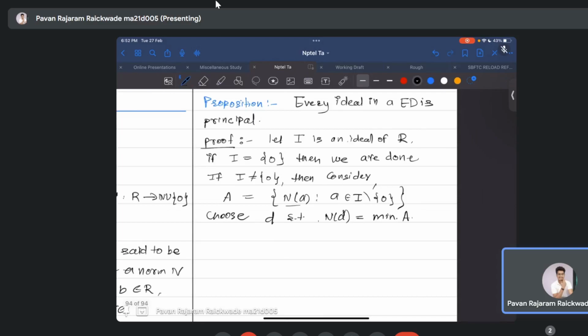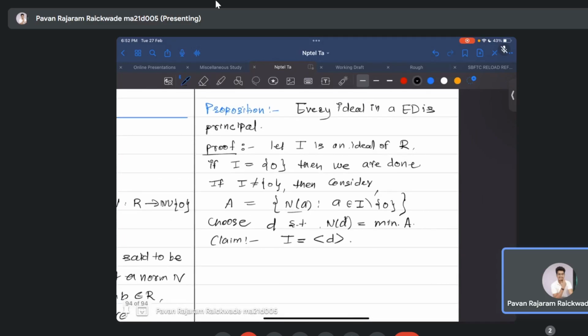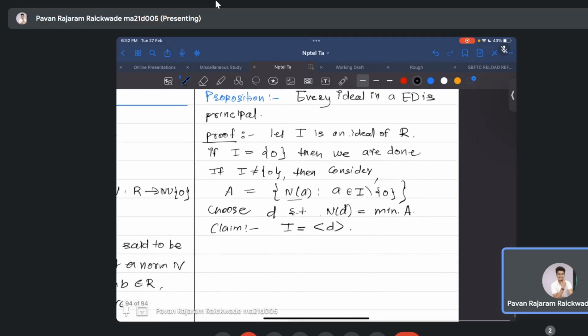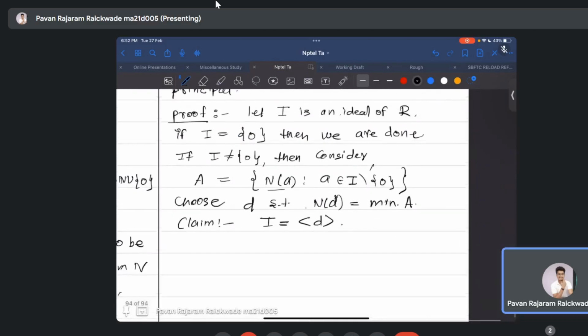So the claim is I is the ideal generated by the element D. Okay, so how do we show this? See, I is an ideal and D is an element of I. So this is straightforward.